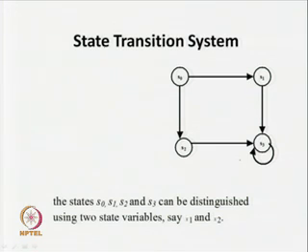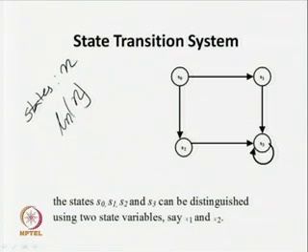In general, if a state transition system has n states, then the minimum number of state variables required to represent it is log n to the base 2. This is the minimum required number of variables that we need to represent this system. But we may take more state variables also, and depending on that, the state encoding will be different.